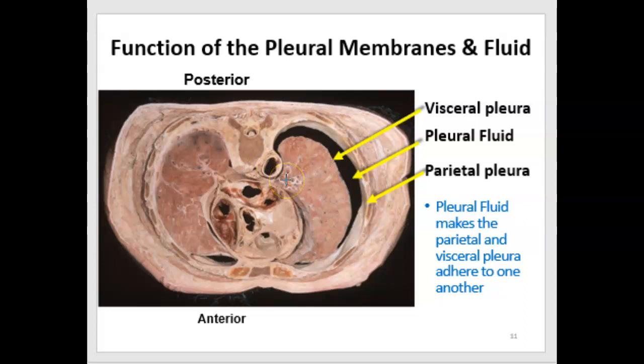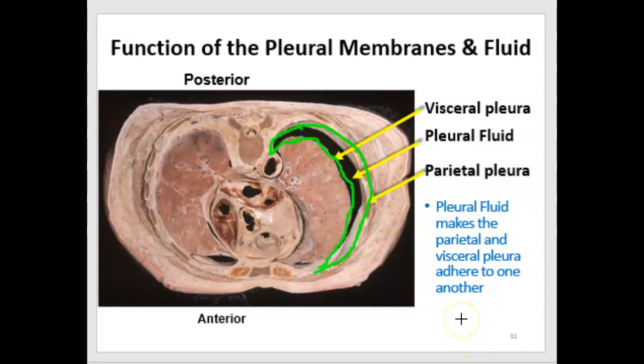But the reason they've done this is they wanted to show you, as do I, that the lung is surrounded by visceral pleura. The thoracic wall has the parietal pleura adhered to it, and the fluid is located in the middle where the space is dark.